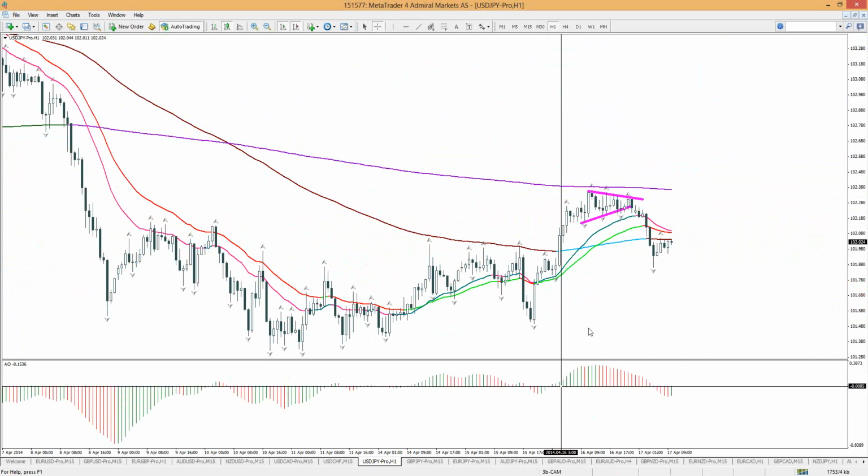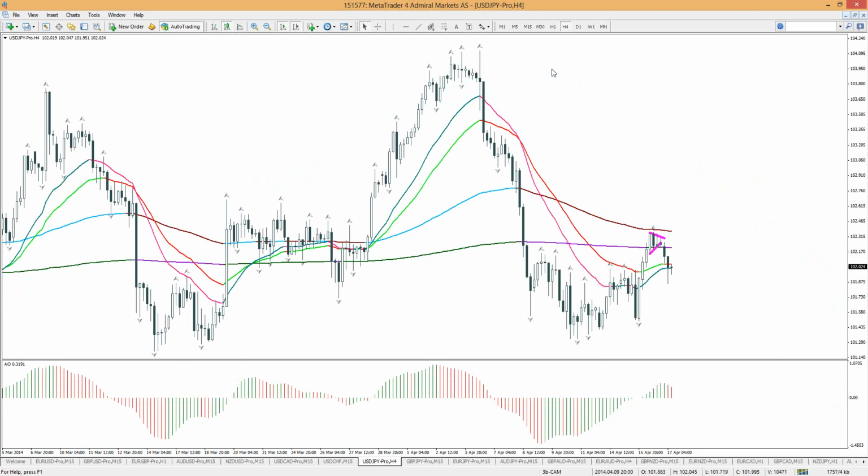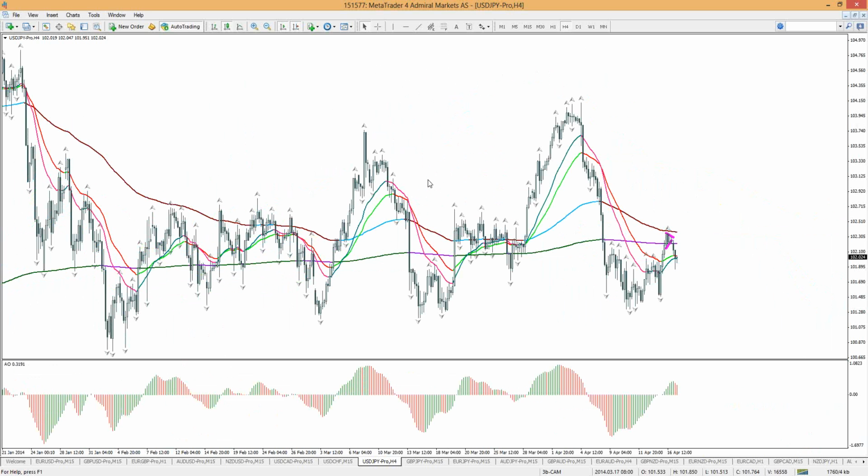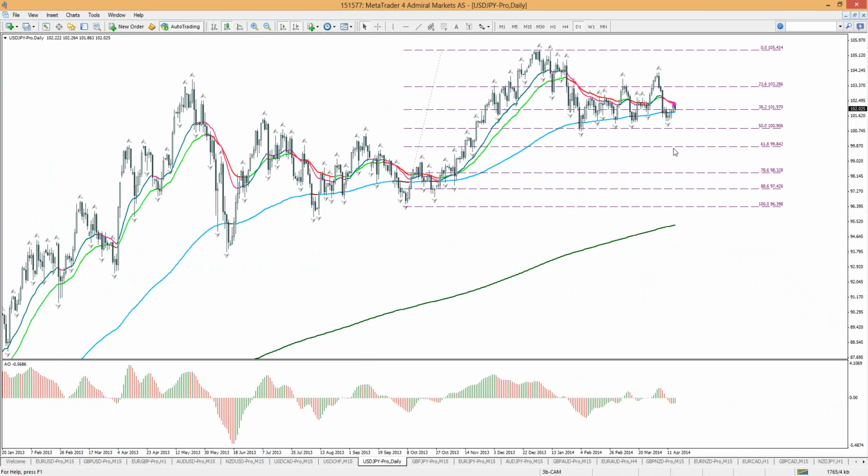Regarding the long term, I am neutral. I don't really have any strong opinion or analysis on that, nor any feeling for that. Not that feeling matters, but I'm somehow just not interested that much maybe in the dollar yen, but I can see the potential of indeed what Wei is, for instance, saying: the fact that we can go to these lower fib targets potentially, as a 61.8 at 100 or the 78.6 at around 98.